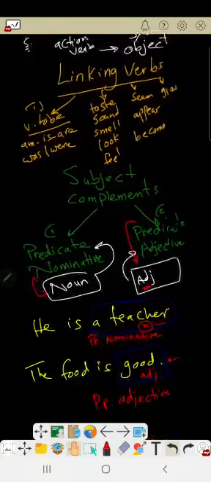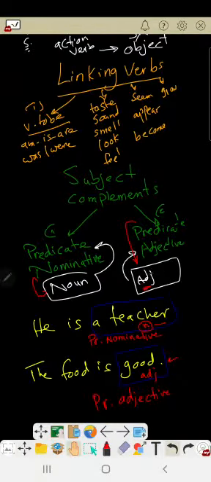And finally, we had two types of subject complements: predicate nominative and predicate adjective, and we learned how to differentiate between them. The predicate nominative starts with N and noun starts with N, so it should be a noun. And if the word is an adjective, it's going to be predicate adjective. So you cannot forget this.